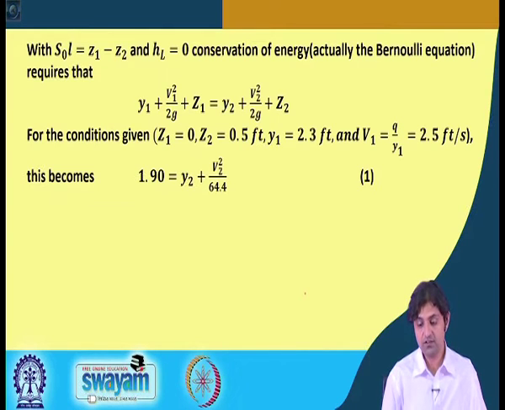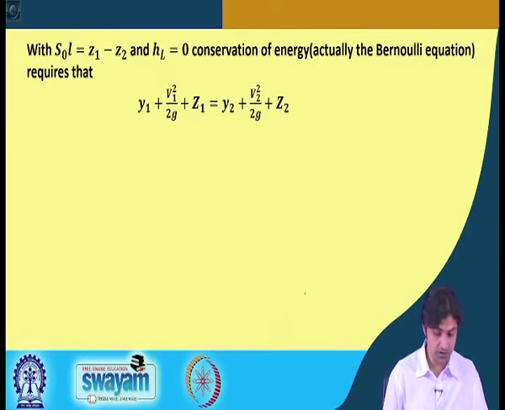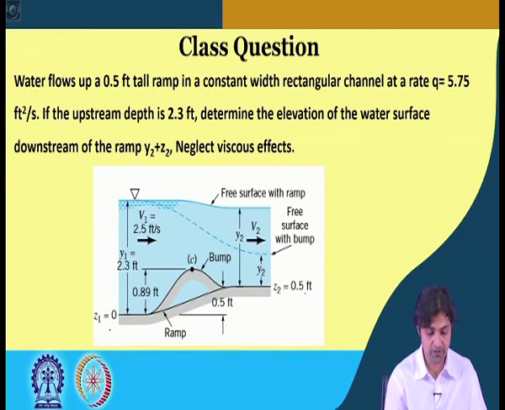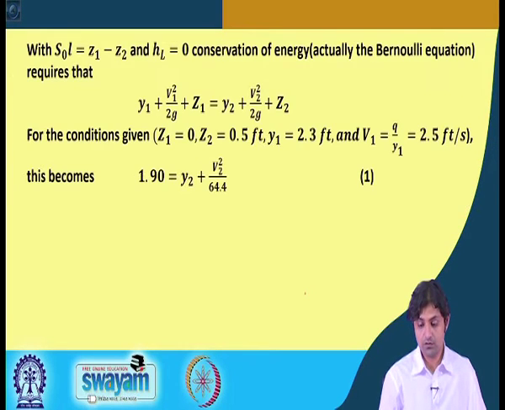Therefore, v1 is given by small q1 by y1, which is 5.75 divided by y1, that is 2.3 feet, and it gives 2.5 feet per second.